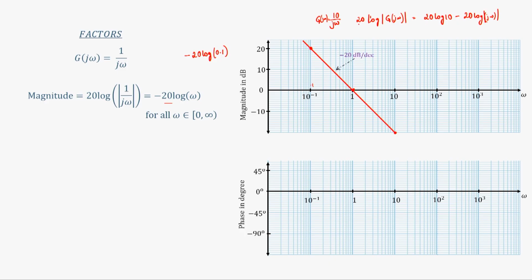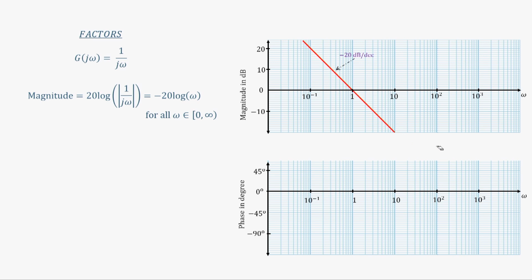Now, for this part you already know it is a minus 20 dB per decade line, but 20 log of 10 is added to it. What is 20 log of 10? That will be 20. So, in that case your line will be shifted up by 20 dB. We will take more examples later, but for now let us focus on these important elementary factors.